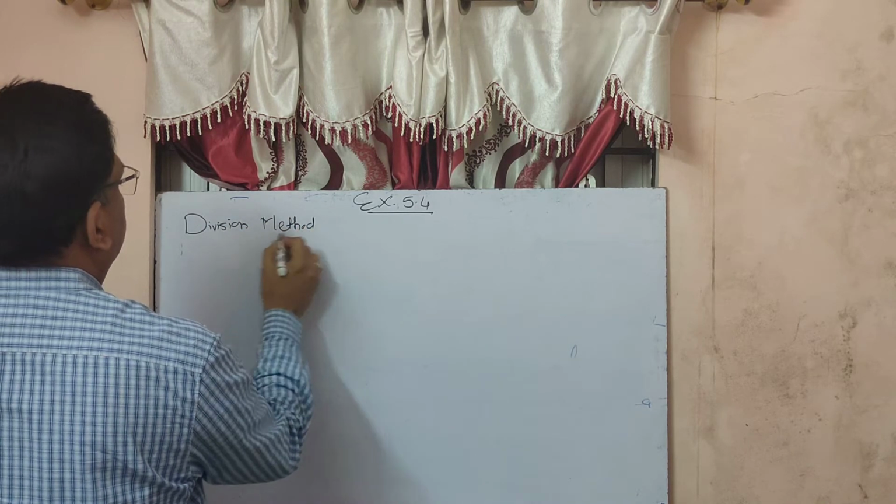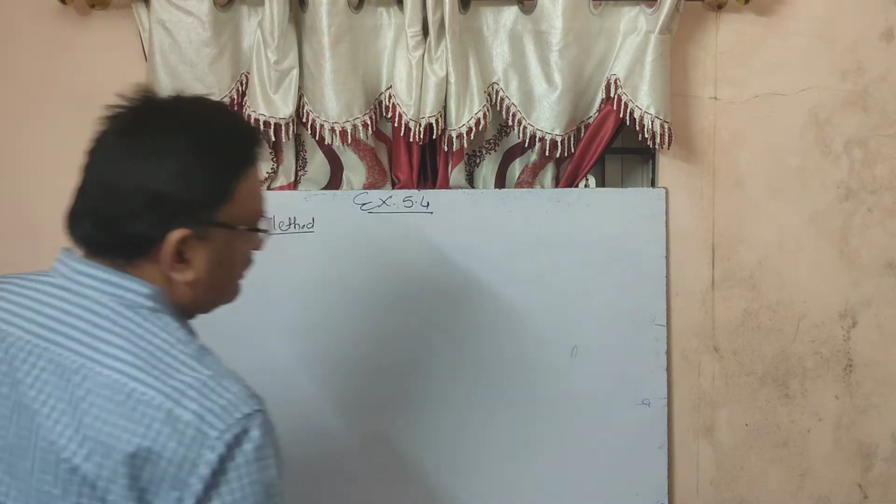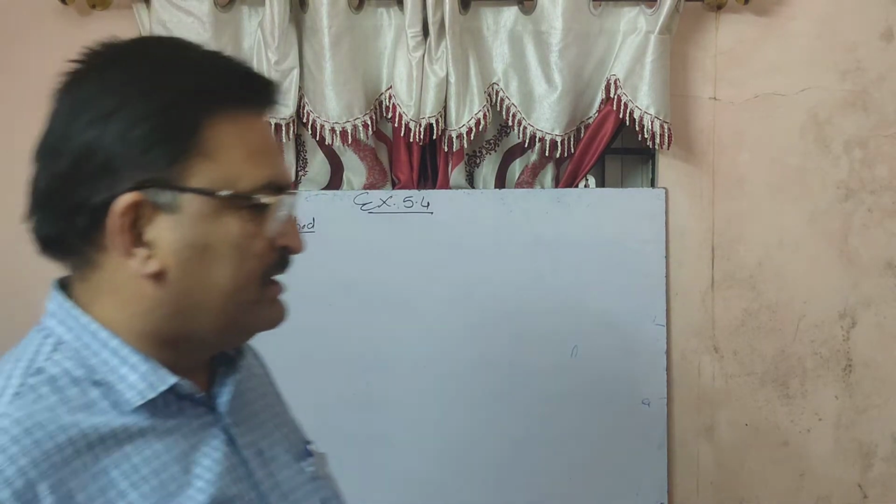We have already discussed the division method and how to find the square root through it. Now let us do one by one.